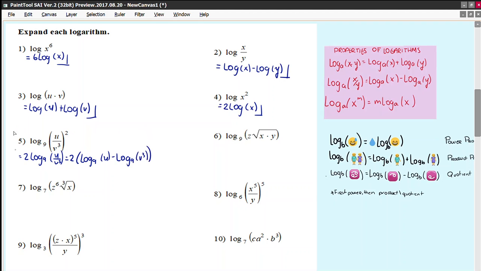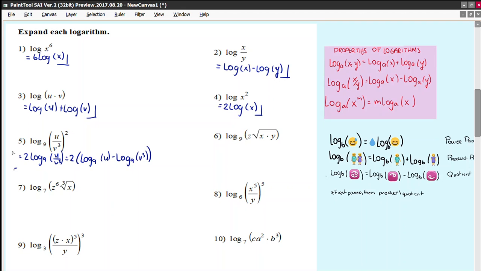Notice that because this 2 affects this entire logarithm, if I expand this logarithm into a subtraction, the 2 is going to affect both terms. So careful with parentheses. Lastly, inside here, I notice that this argument has a power, so I have to finish my simplification.